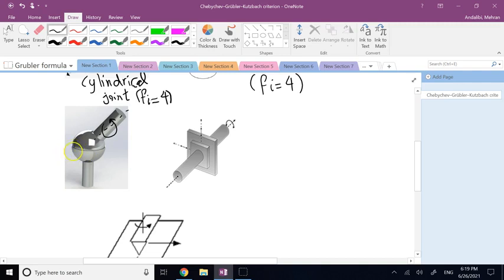The other one is if you consider this axis, then it is going to be like that rotation. And if you consider this axis, then the other one is going to be like that. So this one leaves you with 3 degrees of freedom, and it takes away 3 degrees of freedom.